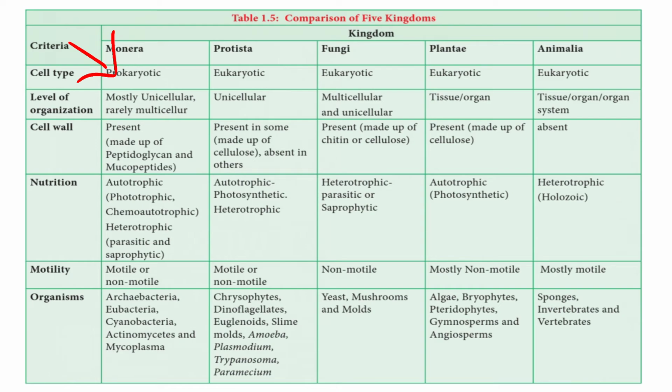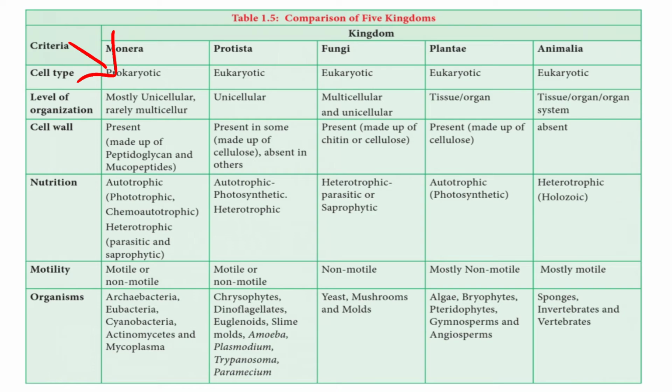Organisms: archaea, eubacteria, cyanobacteria, actinomycetes and mycoplasma. These are the organisms seen in Monera. Archaea, we have discussed in zoology, live in extreme environmental conditions like extreme weather, temperature, salt conditions, etc. Eubacteria, true bacteria, are E. coli like bacteria.